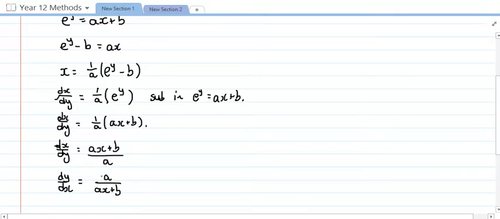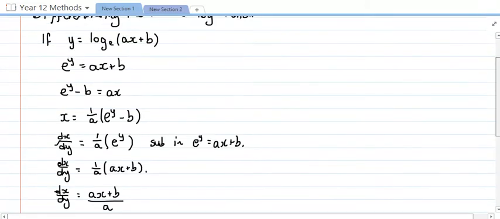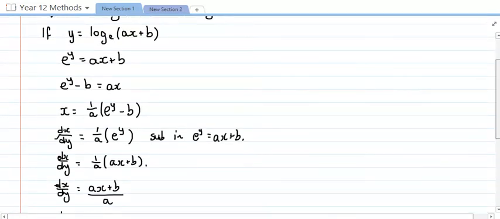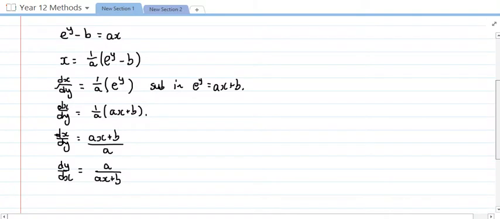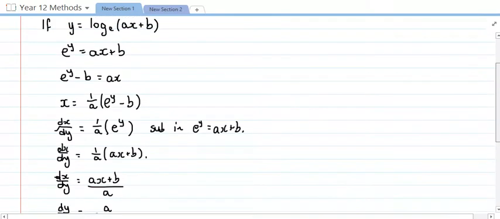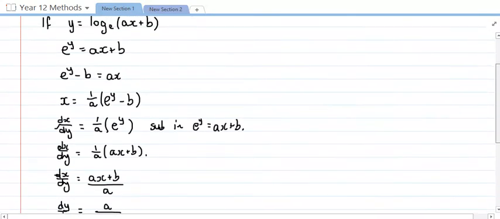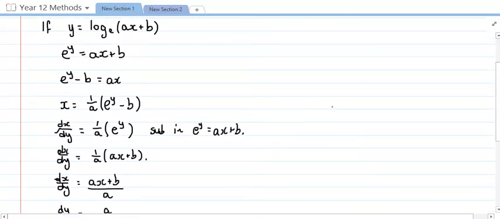And the reason I've done this is to show the link between these things. The ax plus b, you might remember, was what we had inside the log function right at the start. And a, given that this is the differentiation topic, we can see a is just the derivative of whatever is there. So we can actually generalize this.